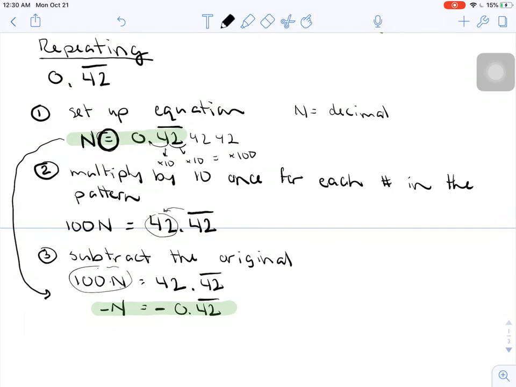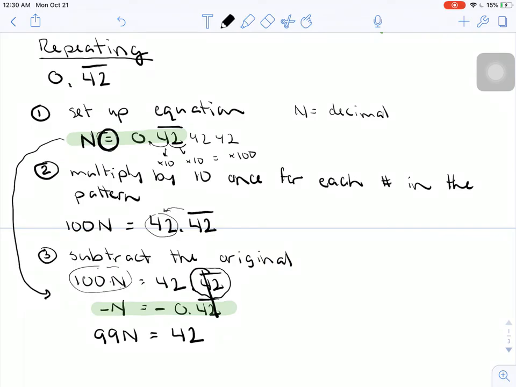100n minus 1n leaves me with 99 of them. And over here, this is where something convenient happens. What ends up happening on the right side is that I'm basically just subtracting the part that's repeating. 42.42 repeating minus the repeating part is basically just going to wipe out the repeat and leave me with 42.